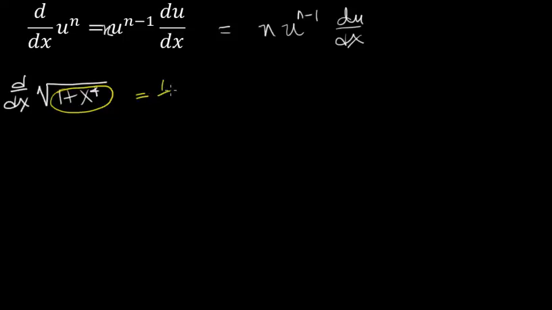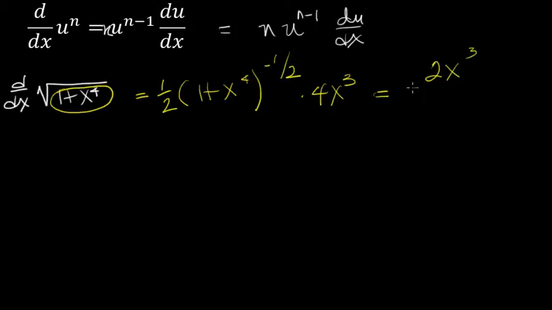So we get 1/2 times 1 plus x to the 4th to the minus 1/2, n u to the n minus 1, times the derivative of 1 plus x to the 4th, which is 4x cubed. So that's your derivative. Now, of course, we could simplify this to 2x cubed over the square root of 1 plus x to the 4th if you wanted.